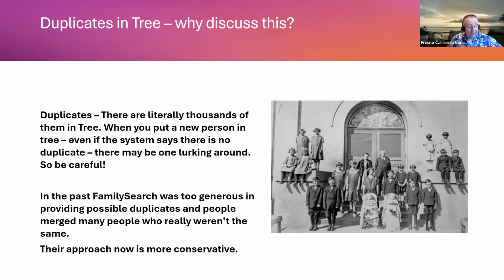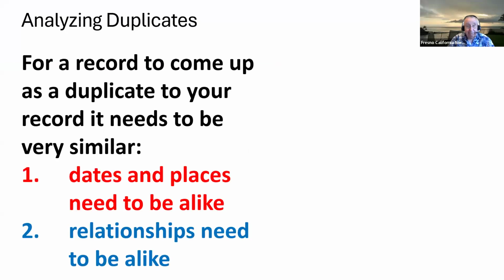You know, sometimes you feel like that's bad, but quite frankly, it's the good thing to do because it cuts down on duplicate temple work. And quite frankly, I've found many times when I added a person and then I find a duplicate of that person and merge them together, the one that was already in Tree needed its work done anyway. So I still need to do the work. I've just eliminated a duplicate.